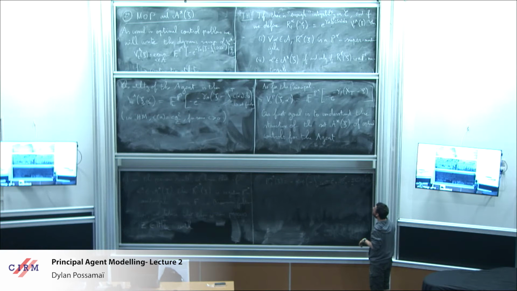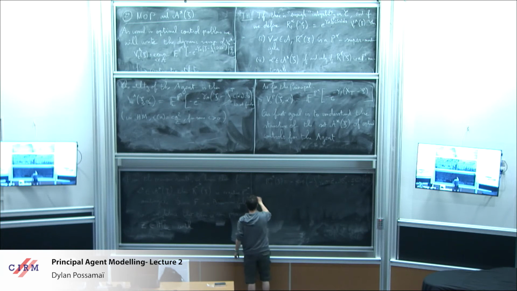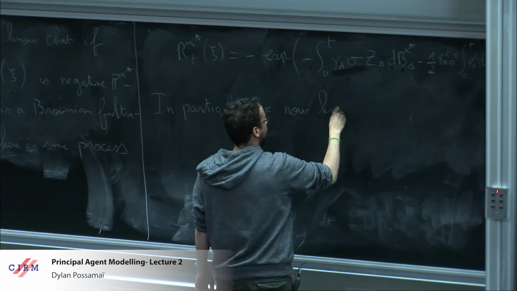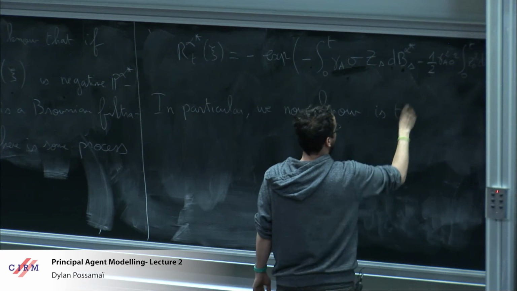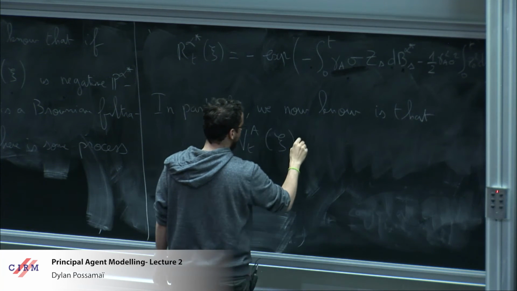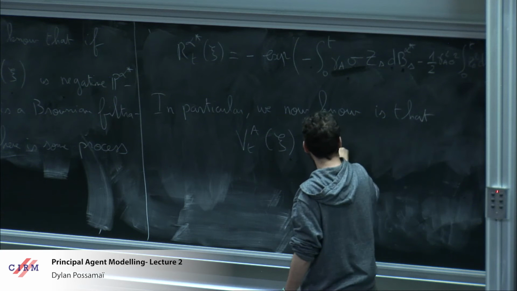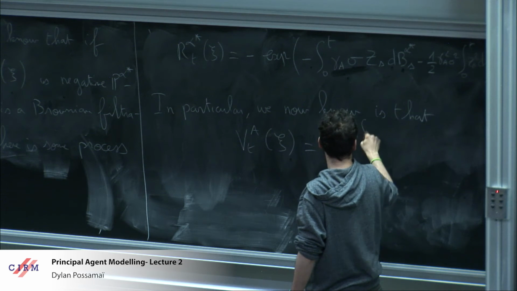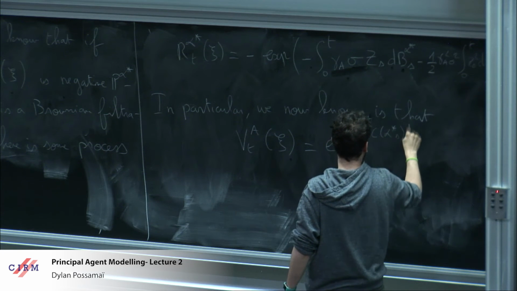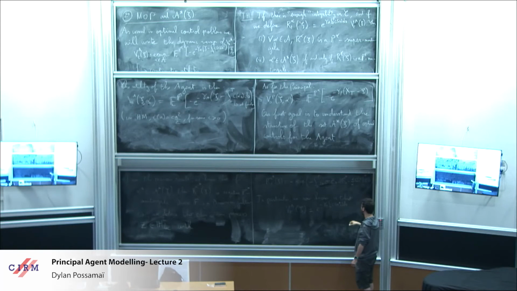Okay, so now this actually gives me a lot of information, because now what we know is that Vt, which is just exponential minus gamma A C of alpha star ds here, this times R alpha star.